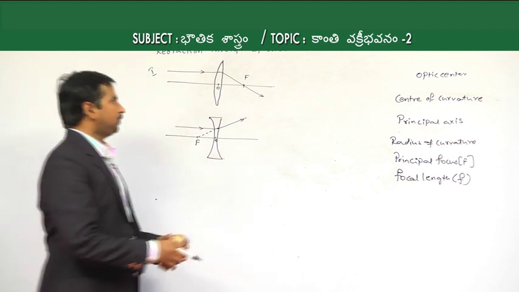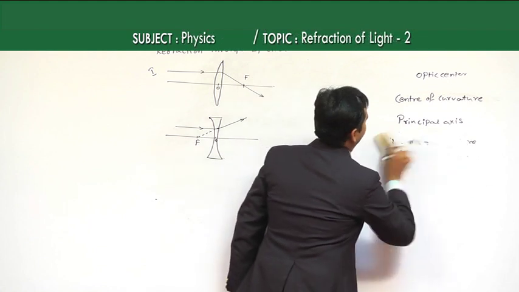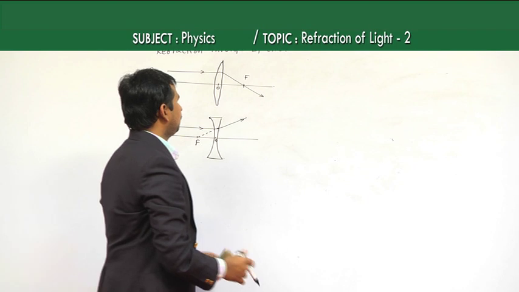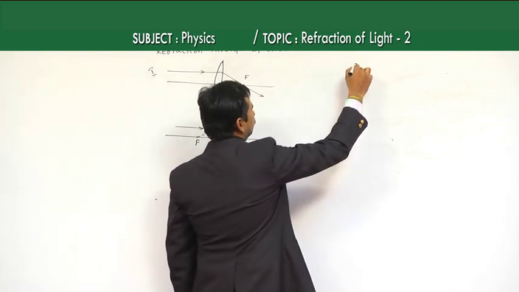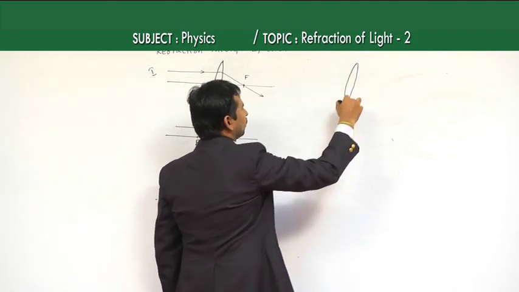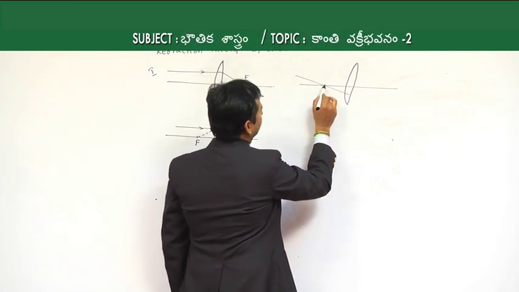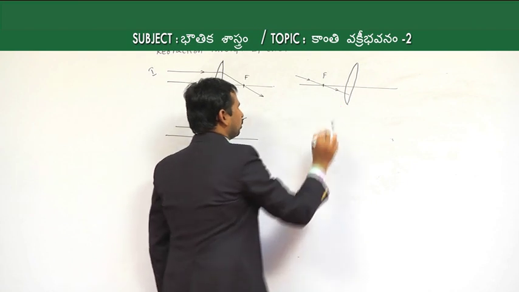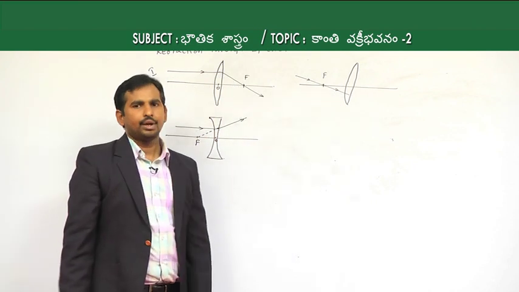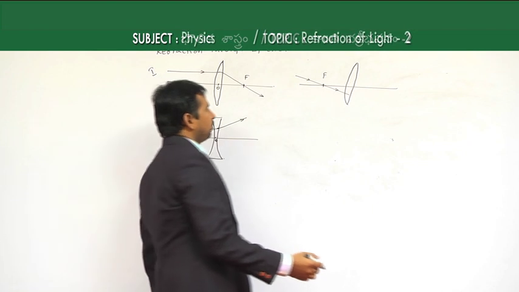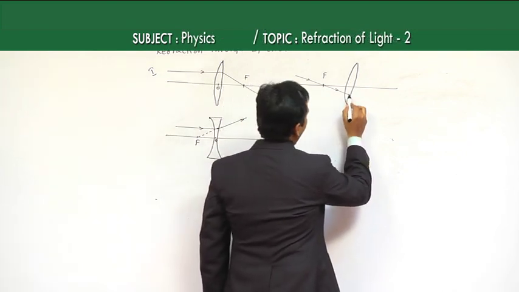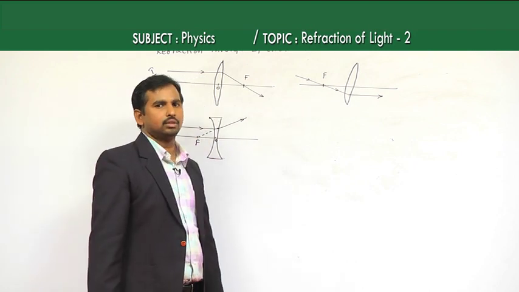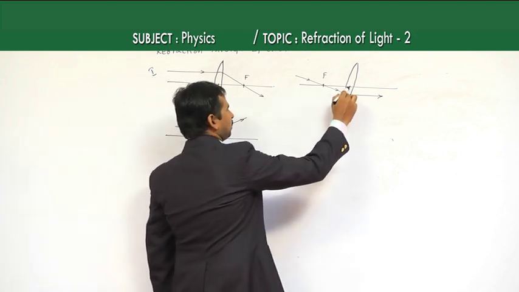Now the second one, which means now we are taking the light ray if it passes through the focus like this. If the light ray passes through any one of the foci, after refraction the light ray passes parallel to the principal axis like this, and this is the optic center again.